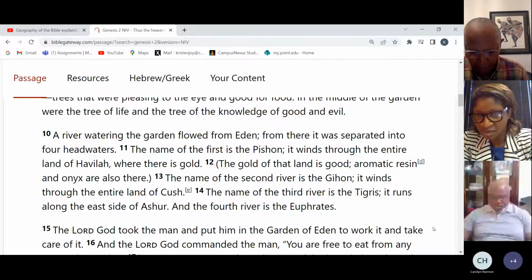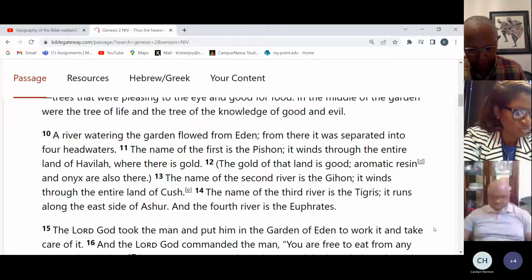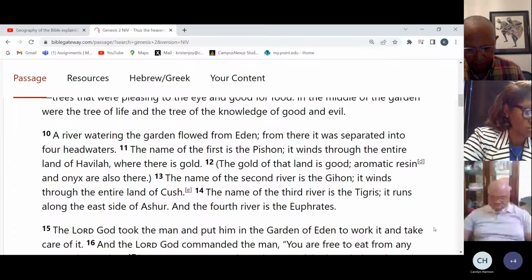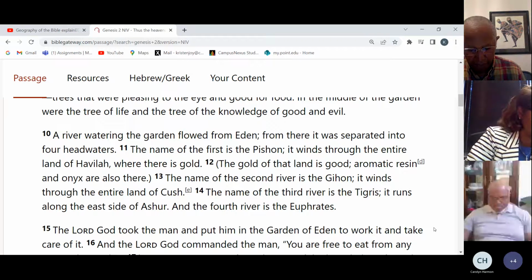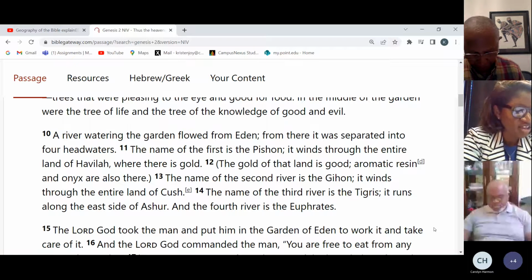Some say Sudan and Egypt, but I got one that says southern Kush covered the northern and southern region of present-day Sudan and Egypt, respectively, and therefore to be distinguished from the modern-day nation of Ethiopia, which lies much farther south of the Horn of Africa. But I think it's in that area. You're right.